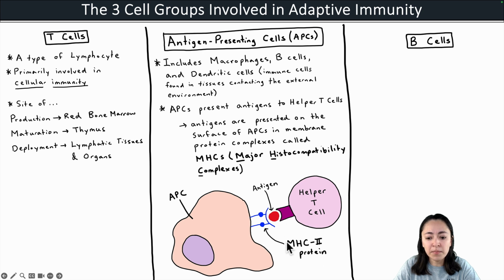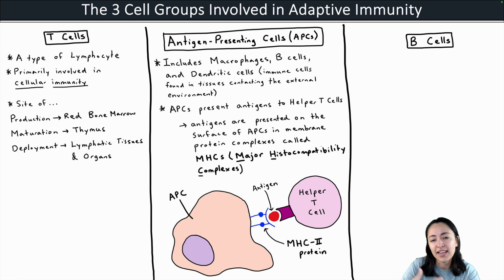This is the major histocompatibility complex, and bound to that complex is a foreign antigen. This antigen is being presented on the surface of the antigen-presenting cell so that helper T cells can come along and recognize those foreign antigens. If that helper T cell recognizes that antigen as foreign, it's then going to initiate or stimulate an immune response. And we'll look at how that happens later on in this lecture.